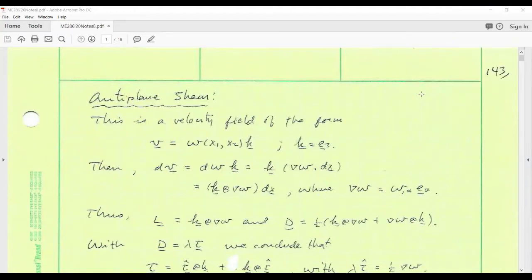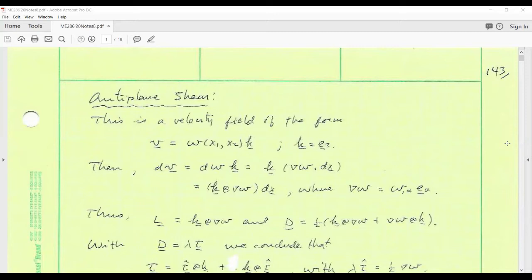Okay, we were talking previously about the plane strain problem for rigid, perfectly plastic materials. There's a simpler and also interesting problem which relates to your current homework, and that's called the anti-plane shear problem. Anti-plane shear means the direction of the velocity is orthogonal to the plane, say, of the screen, but it depends only on the coordinates in the plane of the screen.